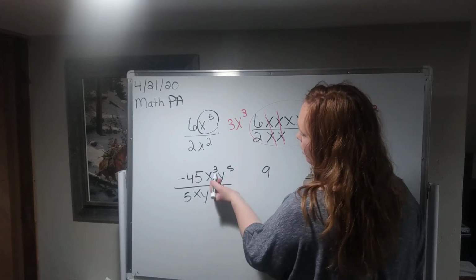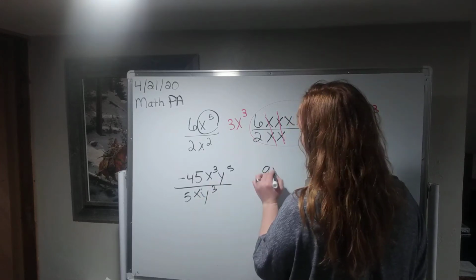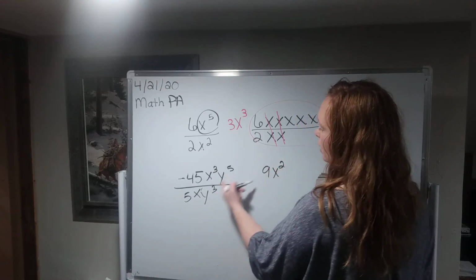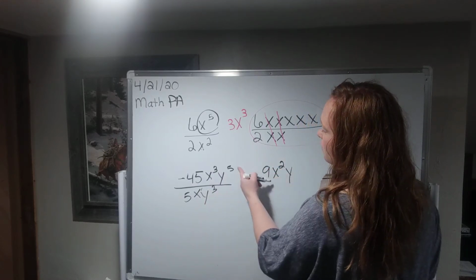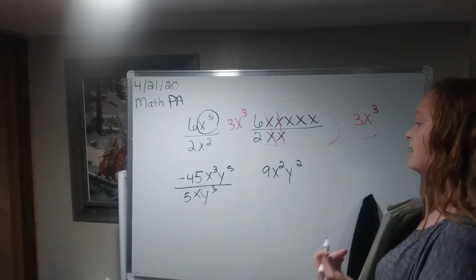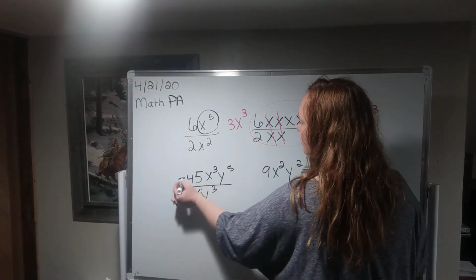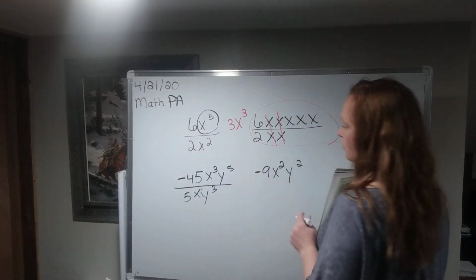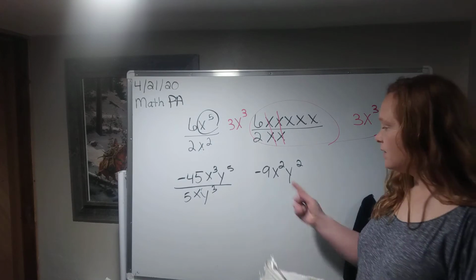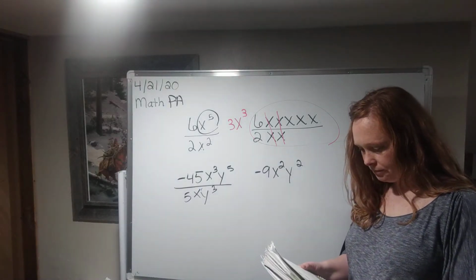Then 3 minus 1 is what? 2. And then I have a base of y. 5 minus 3 is 2. The one thing I forgot, it should be negative, right? A negative divided by a positive is a negative. So negative 9x squared y squared.